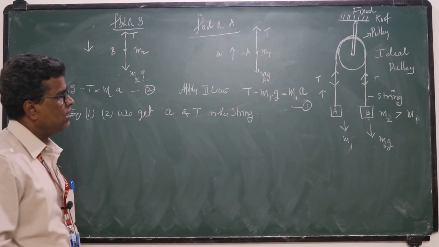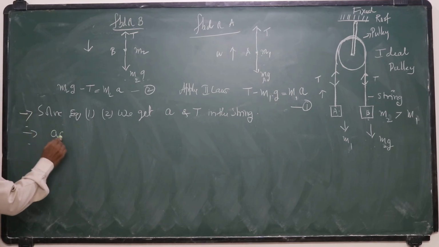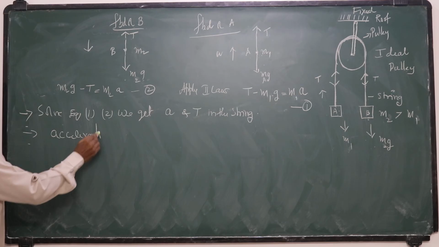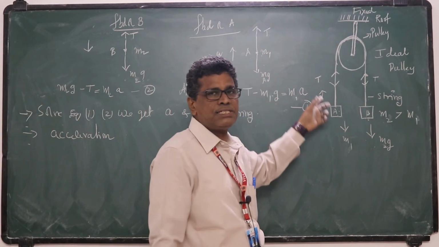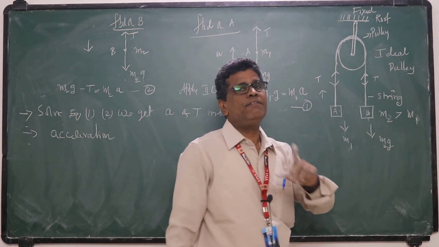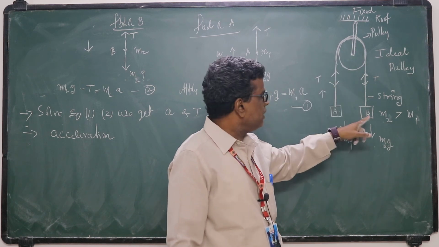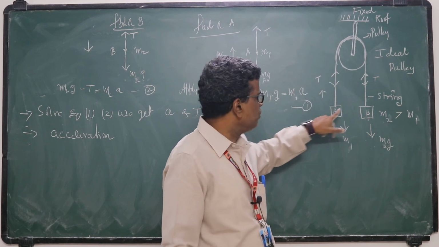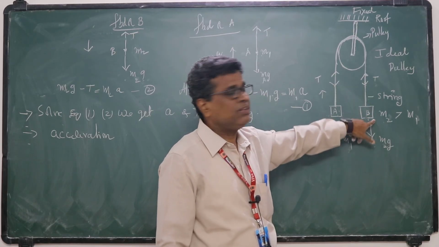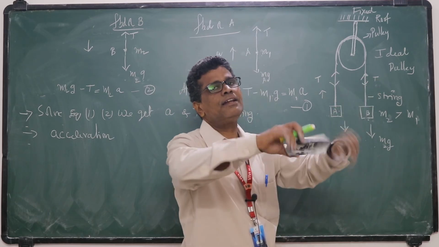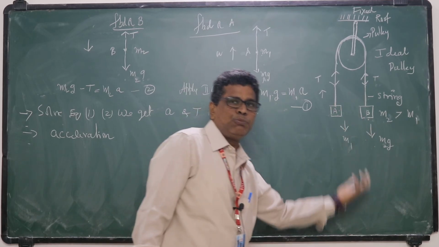The second method is, directly we can write the acceleration. You can treat this as a system. The external force acting on the system is only the gravitational force. Here tension is an internal force. According to Newton's third law, block B pulls A with a force T, and block A pulls B with the same force T. That is internal to the system. The external force is the gravitational force, pulling down.